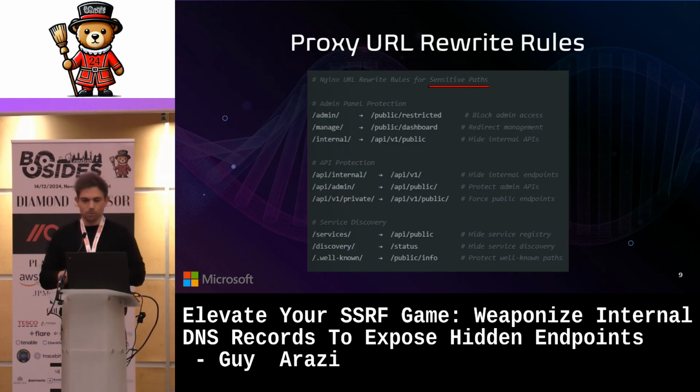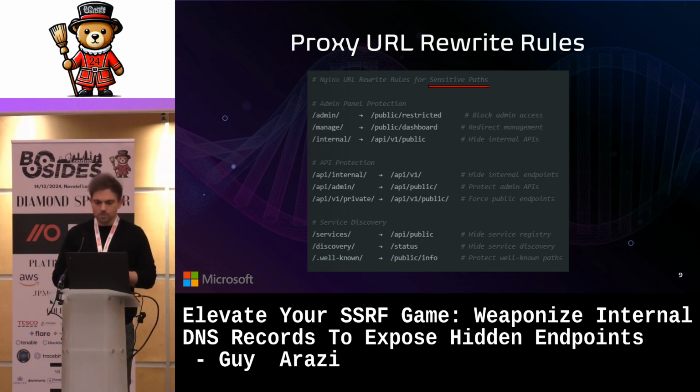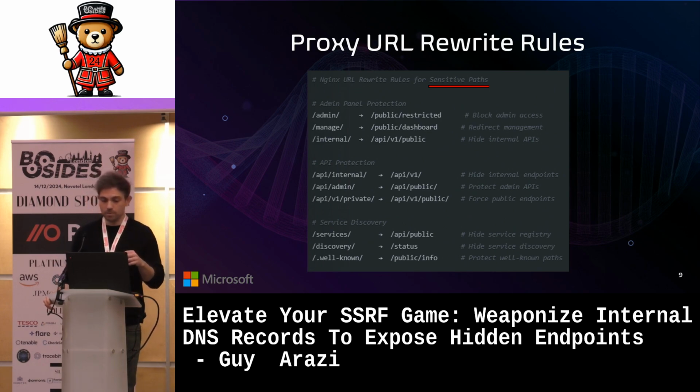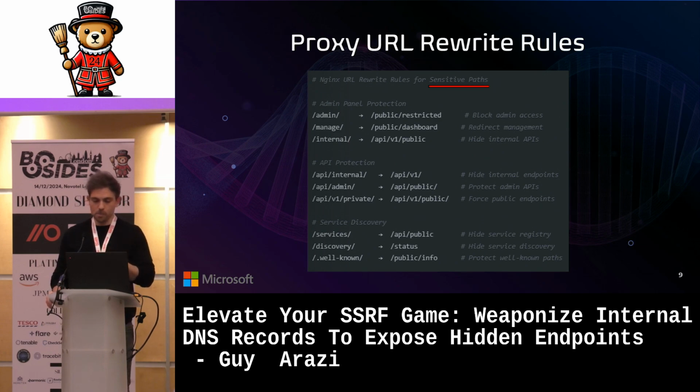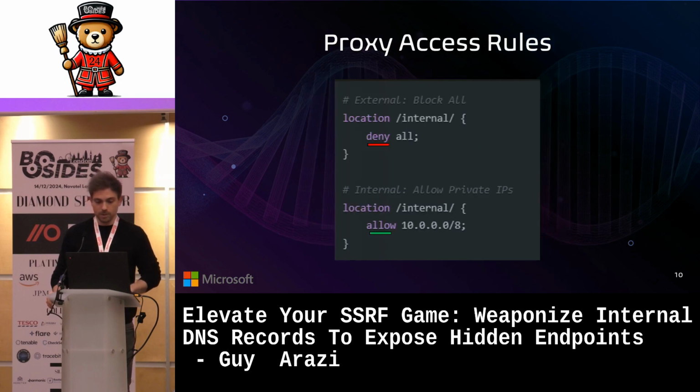There are other things like proxy URL rewrites. If there are sensitive paths or locations that we don't want the user to access, we can straight up rewrite the URL they are trying to access and restrict them, either by redirecting to a different one or just blocking the endpoint. It can look something like that.